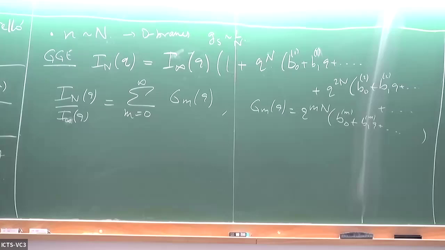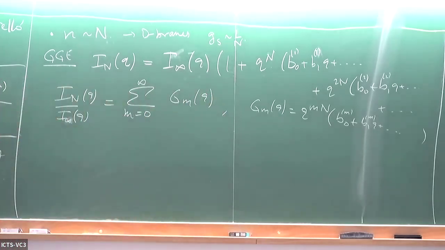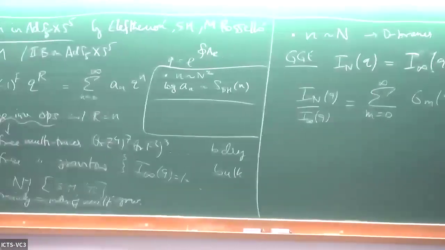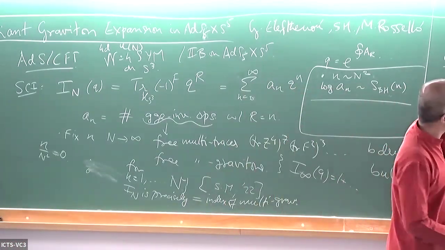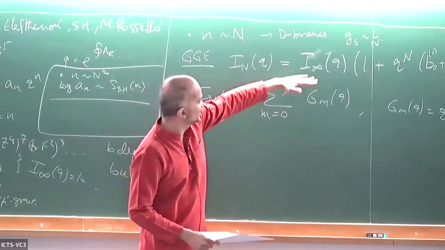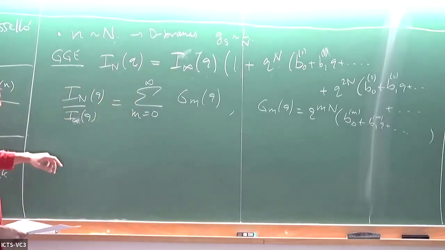The question was about factoring I infinity out of the series. They're all q series, so you can always multiply them, and you can also divide, even in the sense of an infinite series, because I infinity starts with 1. So it's perfectly well defined. That's why I wrote this first and then divided by it. This equation should be completely clear.